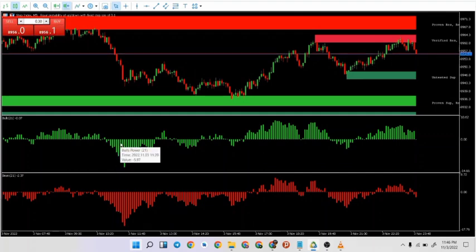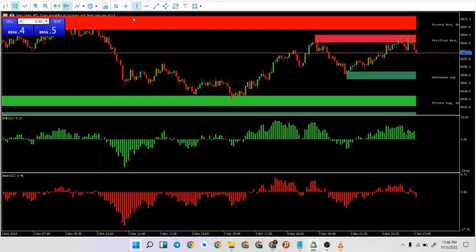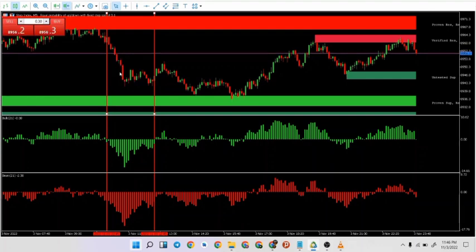Both bull power and bear power should move in the same direction. So from this area, using my vertical line from here to there, you could say this is a heavy downtrend. So right from the start, you can catch a downtrend even before it gets more heavy.